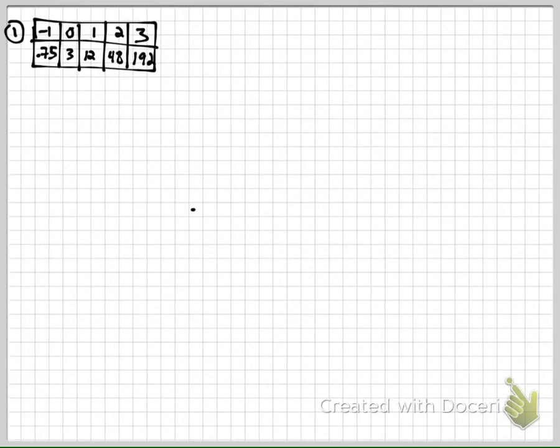I want to know if it's linear, quadratic, or exponential.